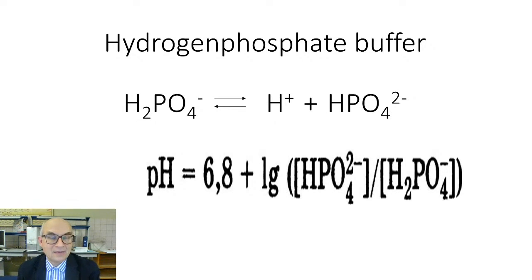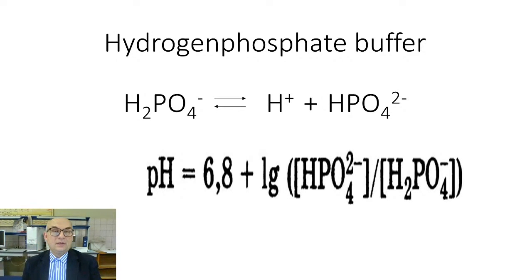can write Henderson-Hasselbalch equation, and ionization constant exponent is 6.8. And after that, logarithm of the ratio 2 negative anion by mononegative anion.